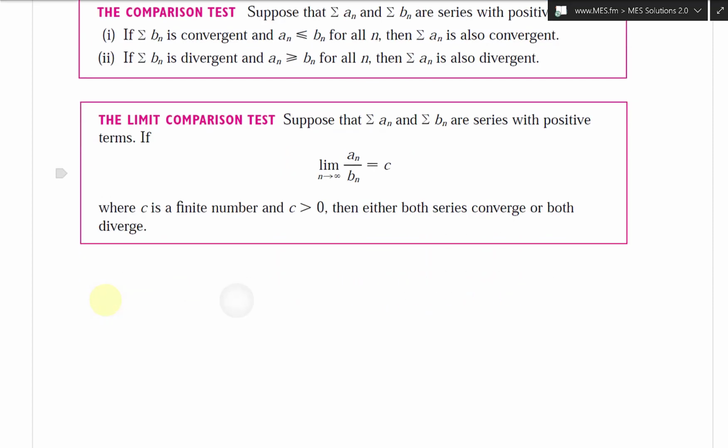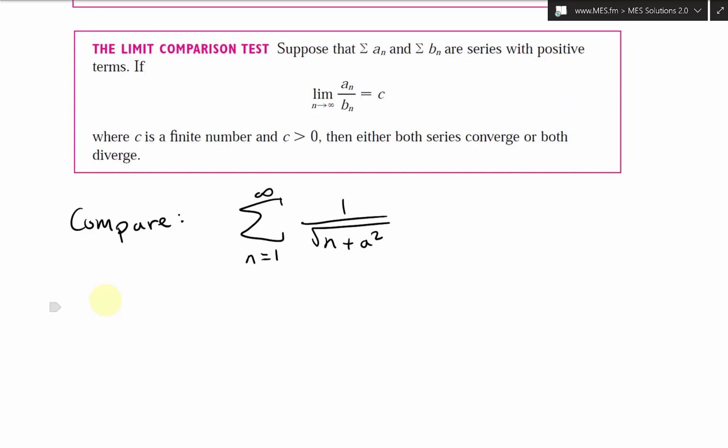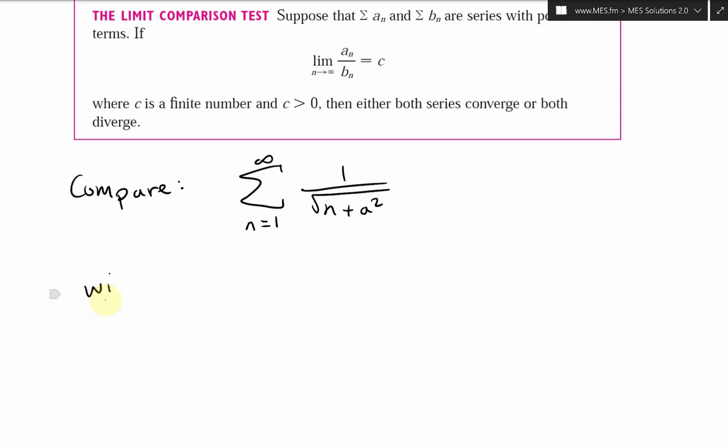So in our case, we're going to compare the summation from n equals 1 up to infinity of 1 divided by the square root of n plus a squared with something we know either diverges or converges, in this case diverges.